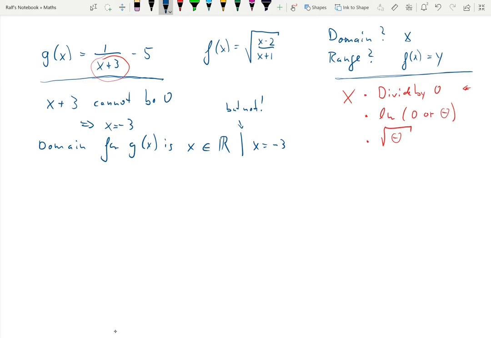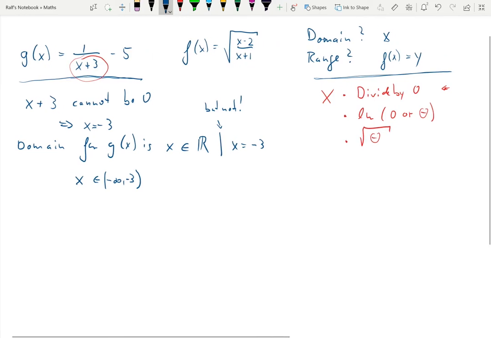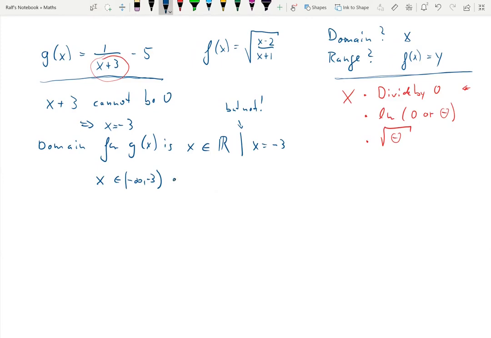Alternatively, you could say that x is an element, and you could do it with two intervals. Remember, round parentheses mean the boundary is not included, so either x is in the interval negative infinity to negative 3, or x is an element of negative 3 to positive infinity.